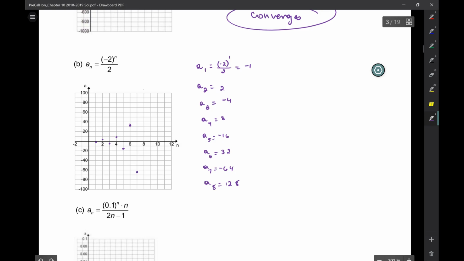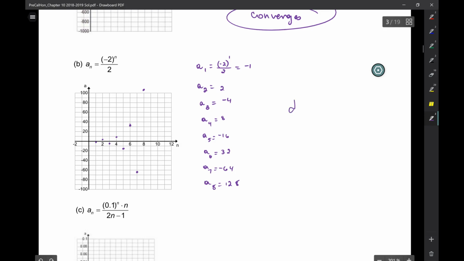So what do you think here? Convergent, divergent? Is it approaching a specific value? We always read functions left to right. So it's divergent, because it's oscillating, and eventually it's going to be a much lower negative and then a much higher positive. So this is one that's divergent.